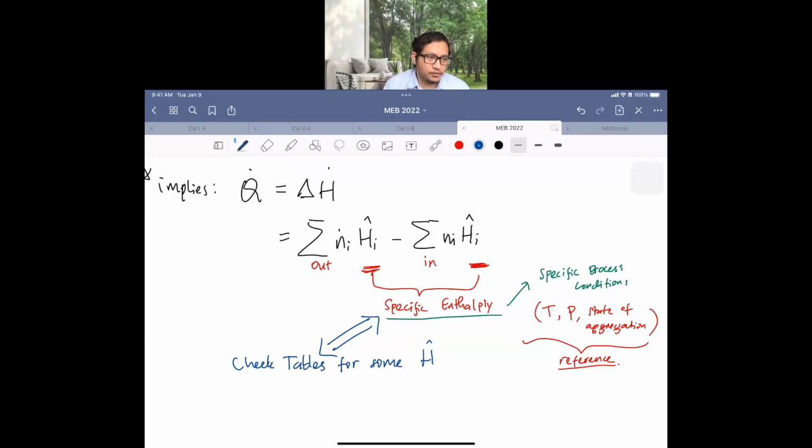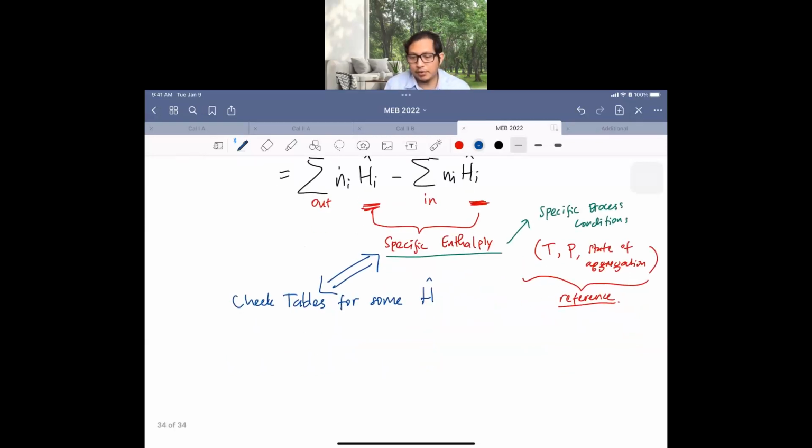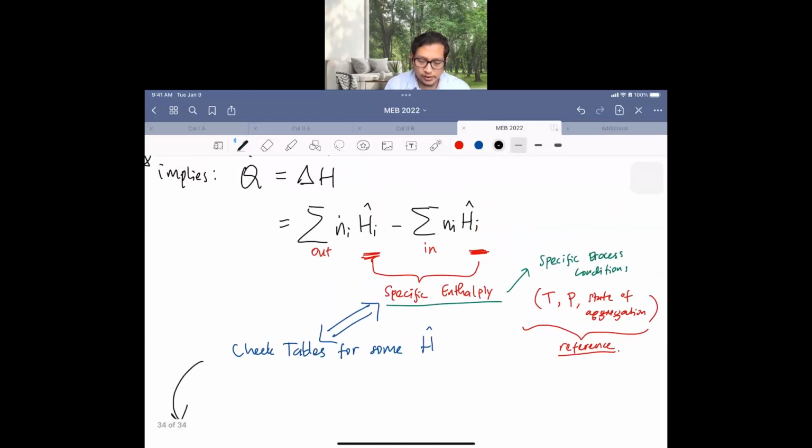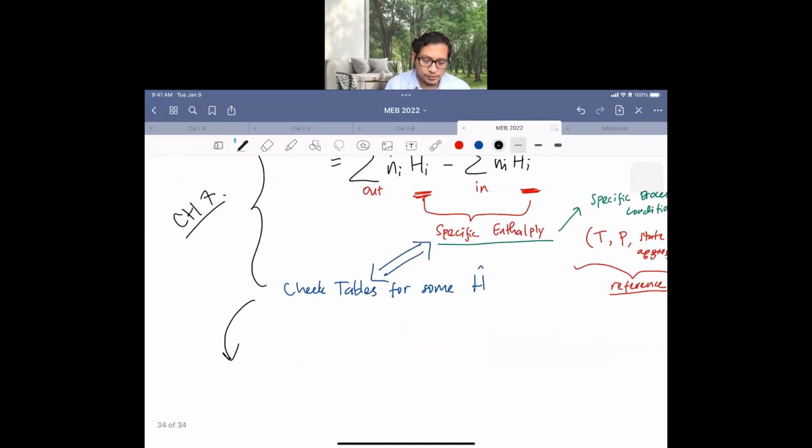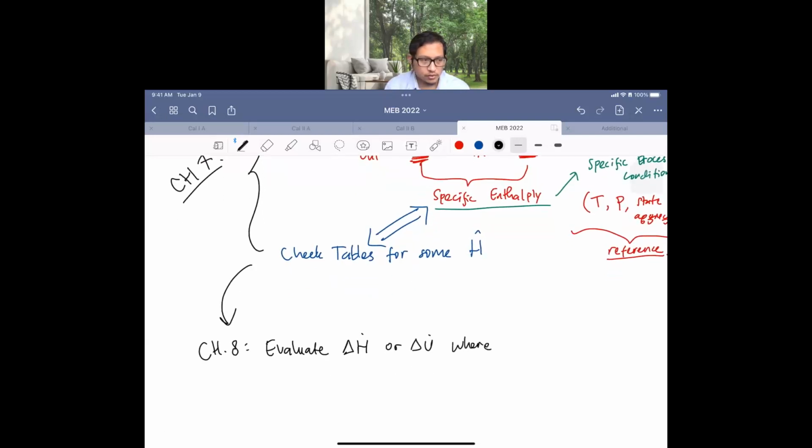Okay, now what happened in chapter 8 is, so this is all in chapter 7. So in chapter 8, what we deal with is we need to evaluate our delta enthalpy or the internal energy, where the tables for the specific enthalpy and specific internal energy are not available.